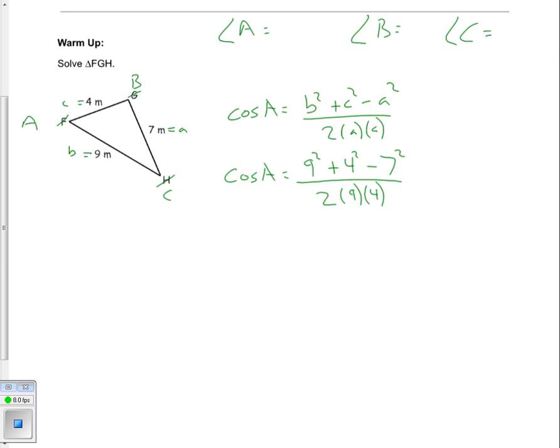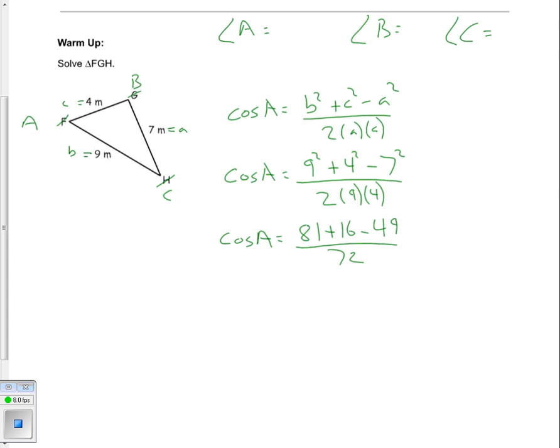Let's simplify this a little more. We've got cos A is equal to 81 plus 16 minus 49, all divided by 2 times 9 times 4, which I believe is 72. Yep, it is.